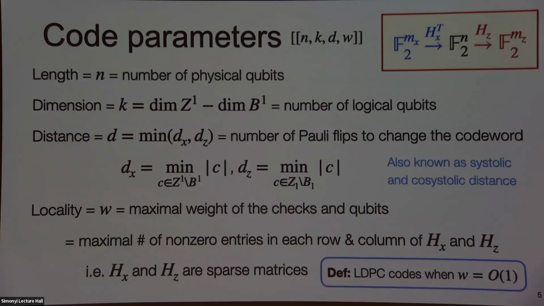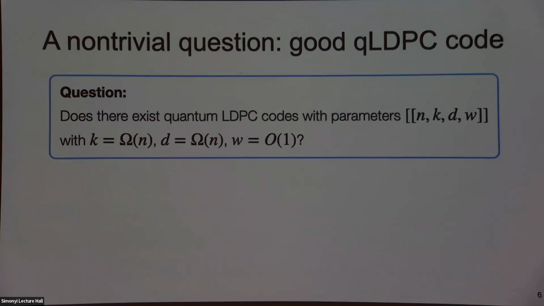Okay. Going to the next slide. Here you're talking about asymptotics, and I like this because I'm a theorist. But you actually also care about the exact constants here. Should I think of W as being like 3 or like 2 to the 100? I see. So turns out there's also a weight reduction scheme. In classical codes, given any classical code, you can always turn that into some code with W equals 3. Here there's a similar thing where for any quantum code, you can turn it into W equals 5.